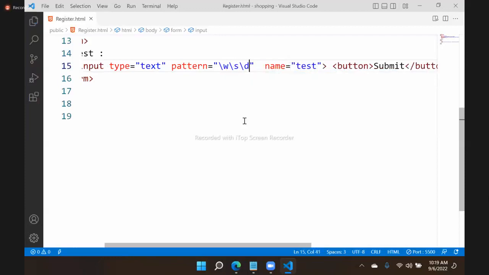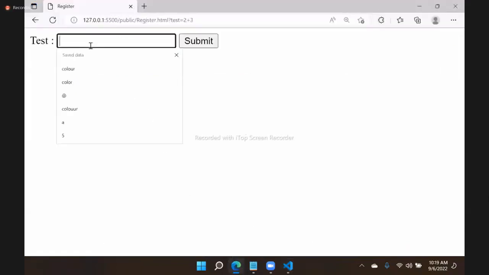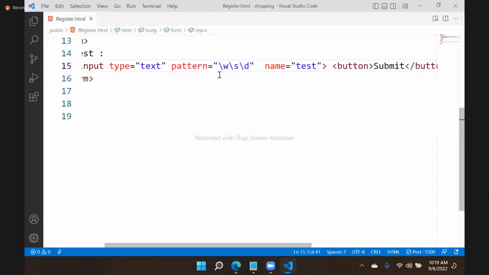This indicates the first character can be alphabet, number or underscore. After that a space. Then the last must be a number. You have to use such combinations. That means I am using a space and 4. That is allowed. Right? You can use combinations in this way.